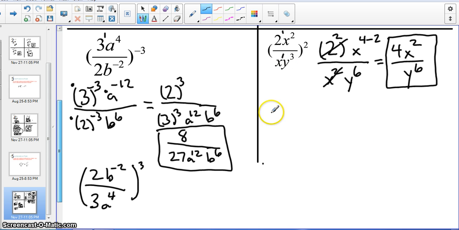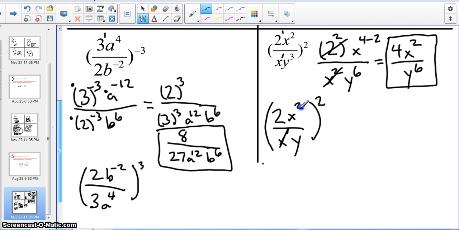Another way I could have thought about that is I could have done the quotient rule first. In that first example that I did here, I did the power rule, then I did the quotient rule. Well, I can do it the other way around. I can do the quotient rule to simplify things first, then the power rule. So I'd take my exponent from the bottom and subtract it from the top.